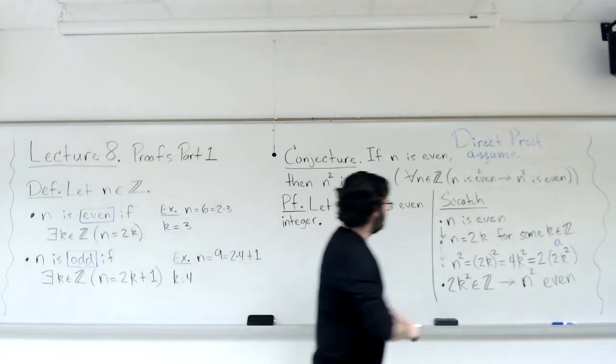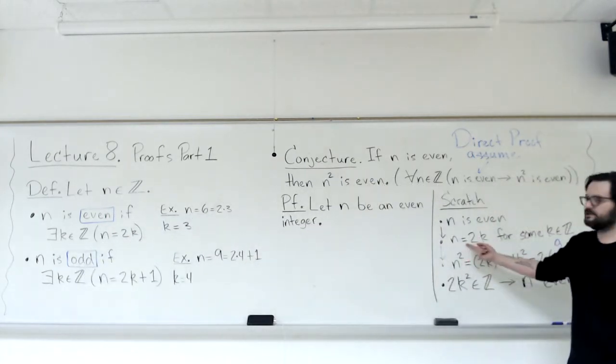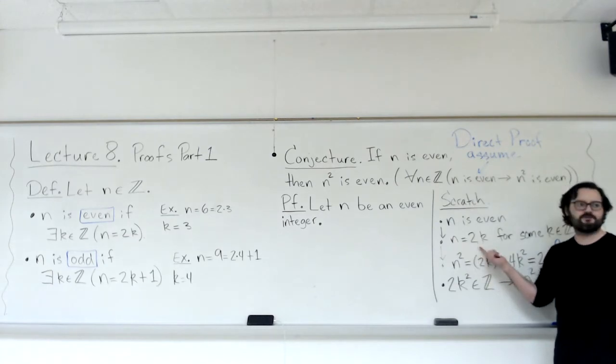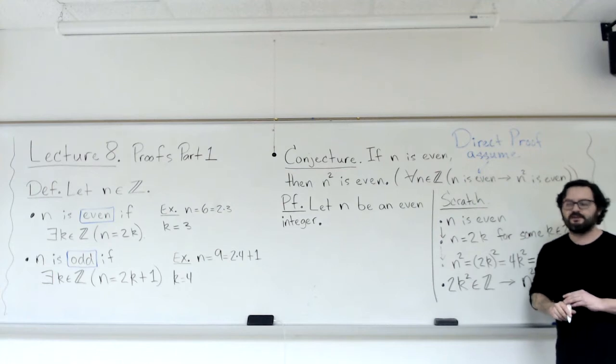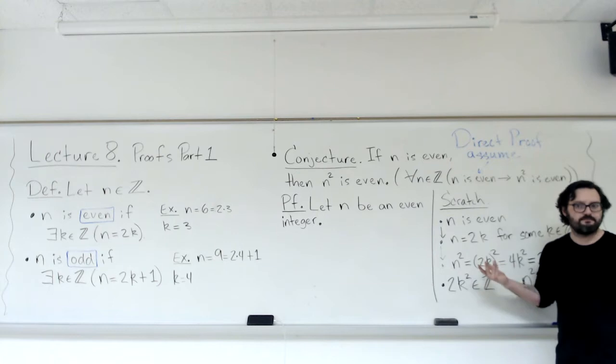Now, I look to my scratch work and I see, what did we do next? We wrote n is equal to 2k because of the definition of being even. So I'm going to tell the reader that, right?